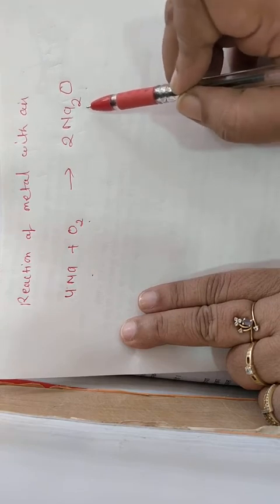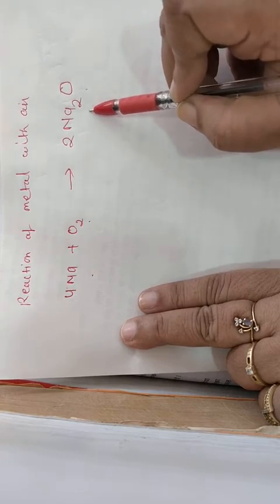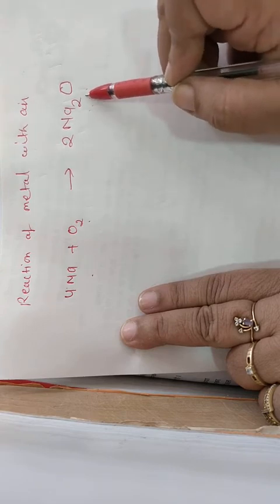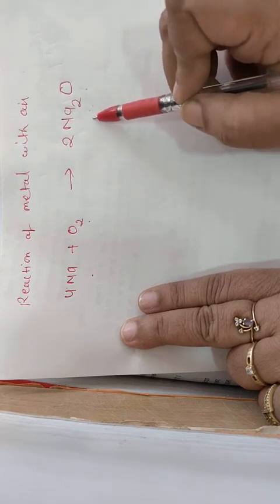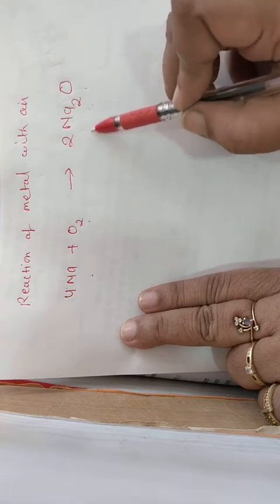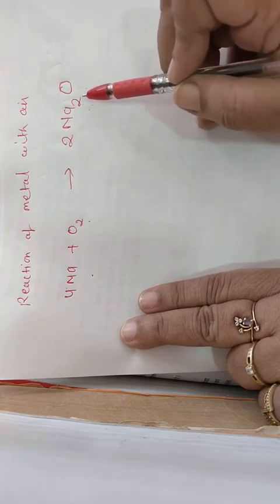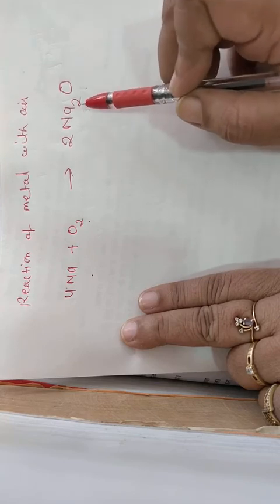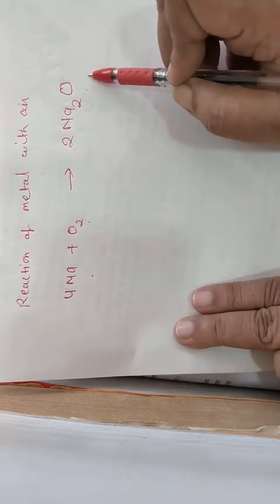Because of their high reactivity, when sodium, potassium and lithium are left open in air, they will react and form oxide, and the oxide layer will cover the metal. That is why we keep these three metals in kerosene, to prevent the formation of oxide.